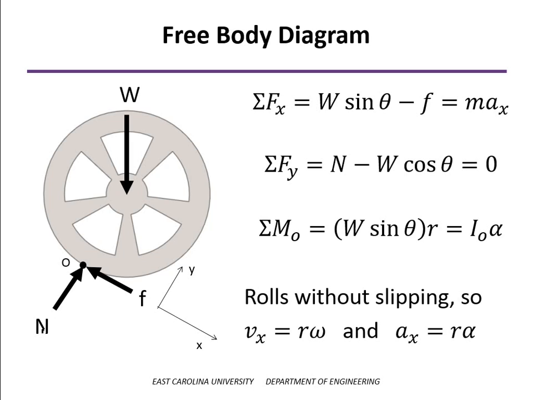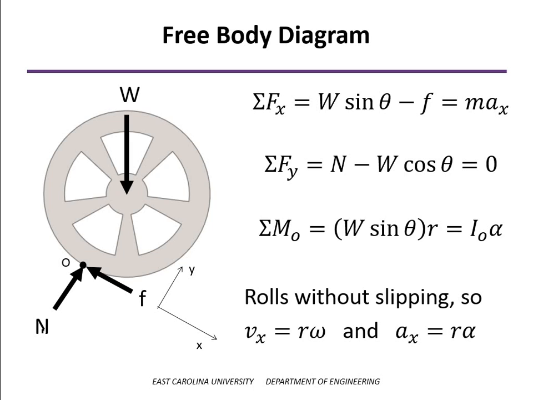So we took the sum of the forces in the x, the sum of the forces in the y, and it turned out that the only equation we really needed to use was the sum of the moments. And we had a choice of taking the sum of the moments about the center of mass, or taking the sum of the moments about an axis through point O, because point O is an instant center, since the problem statement says it rolls without slipping.